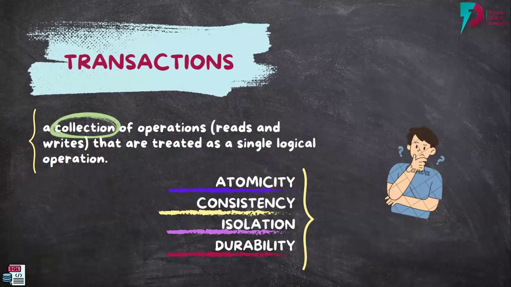Consistency ensures that a transaction takes a database from one consistent state to another. What do I mean by this? Later on, you're going to see how we can ensure the consistency of data that's stored inside a database by using what you call referential or foreign key or other constraints.